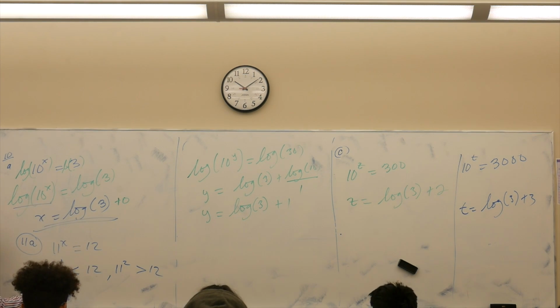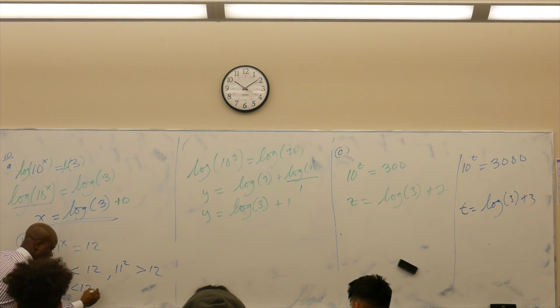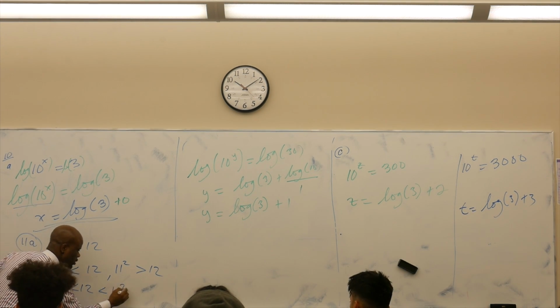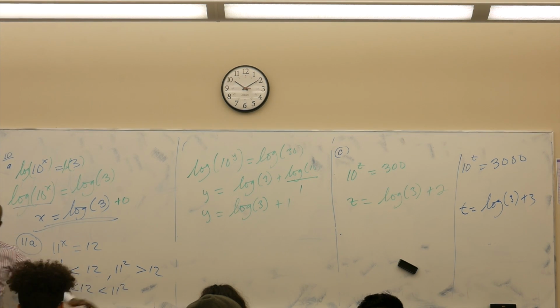So therefore, 12 is between 11 to the 1 and 11 to the 2. X has to be between 1 and 2, right? Because that's what 12 is between, these two. You see that? Let's look at another one.